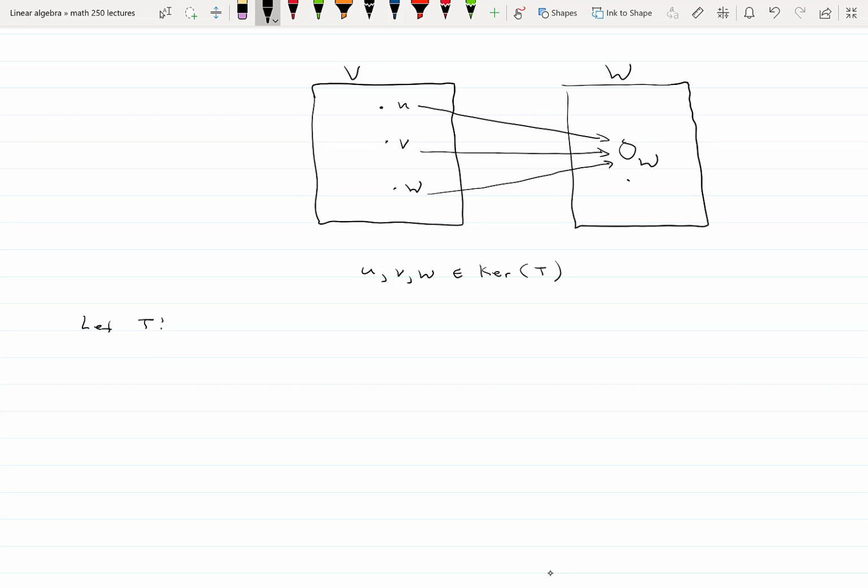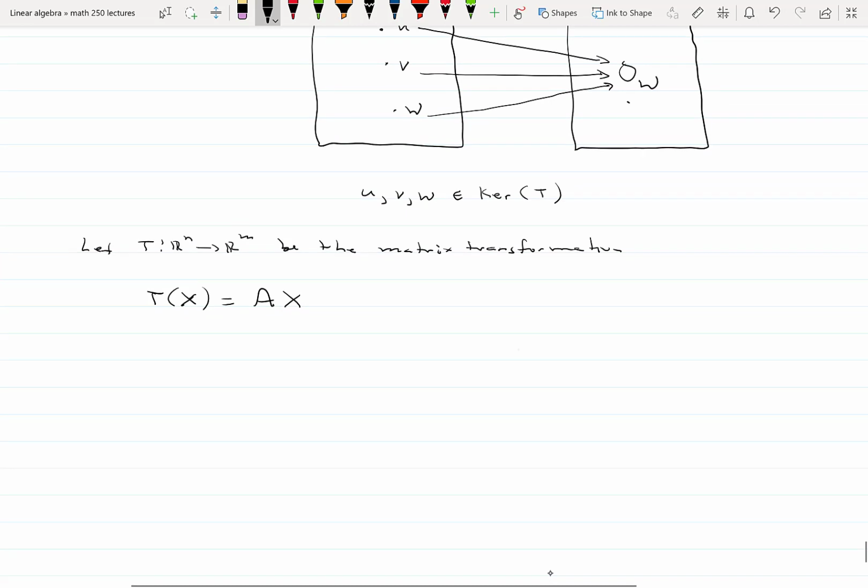Let T from Rn to Rm be the matrix transformation T of X equals AX. Okay, so a very specific kind of linear transformation.